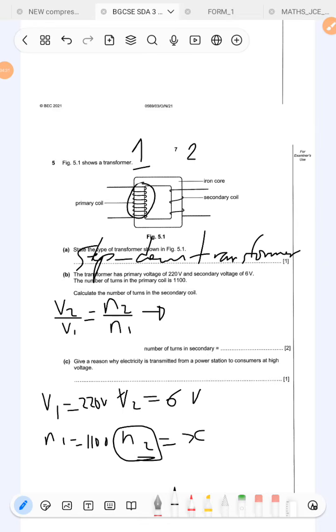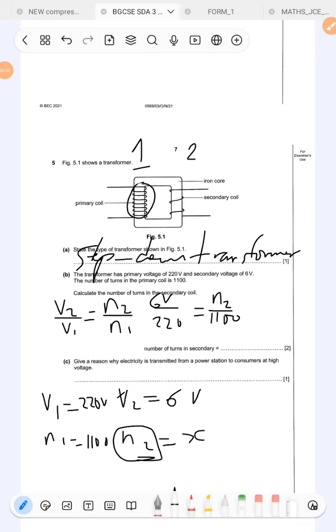Substituting into the equation, V2 is 6 volts over V1 is 220, which equals N2 over N1, and N1 is 1100.